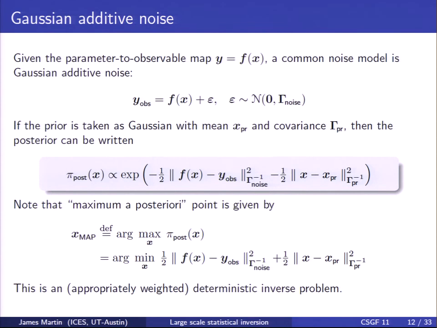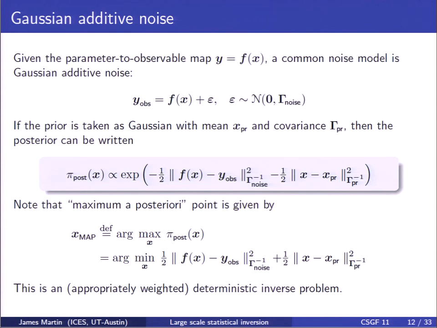And then we can assume that we have some Gaussian additive noise at the sensor locations. And so we have some noise covariance matrix, gamma noise, and f of x is our parameter-to-observable map that maps the input shear wave speeds and P wave speeds to the output readings that we get at seismometers at our various sensor locations.